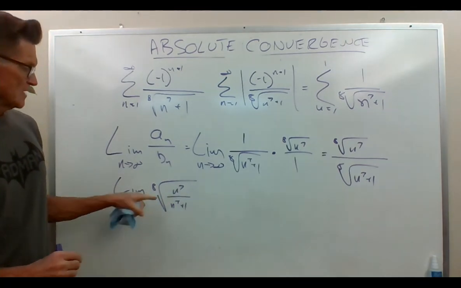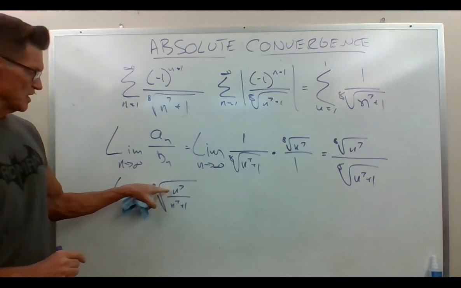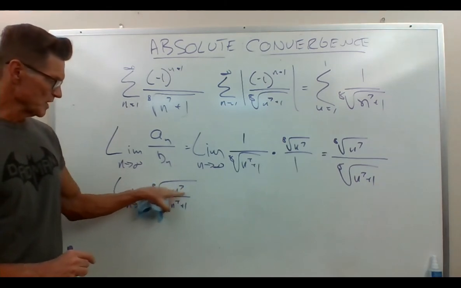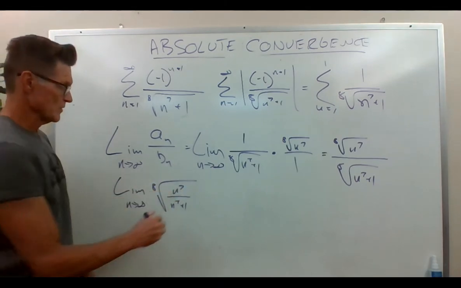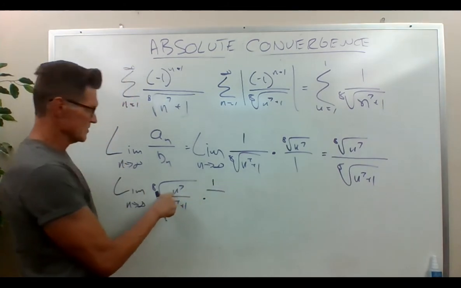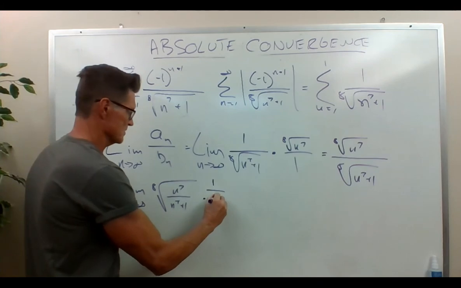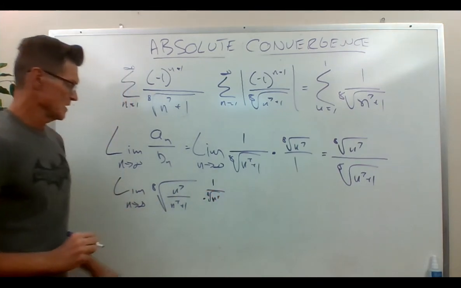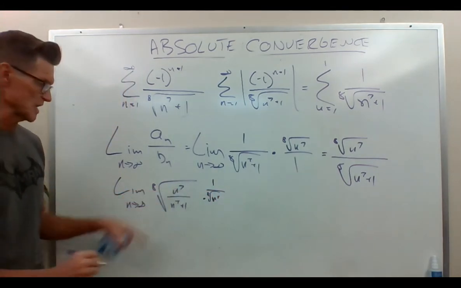Okay? And so what I'm doing underneath here is I want to multiply inside the radical. So what I really need to do is multiply by 1 over, not just n to the 7th, but the 8th root of n to the 7th, because I have to put it underneath the radical sign.